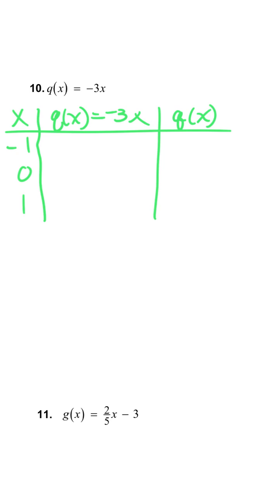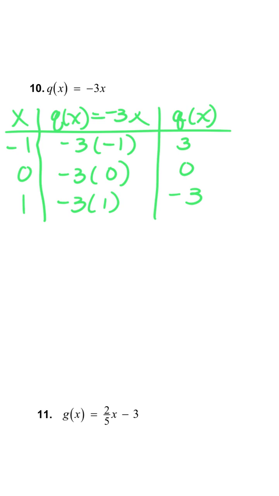We already know -3 times -1 gives us +3. Then we have -3 times 0 gives us 0. And -3 times 1 gives us -3. Did we use substitution? Yes, we substituted what?